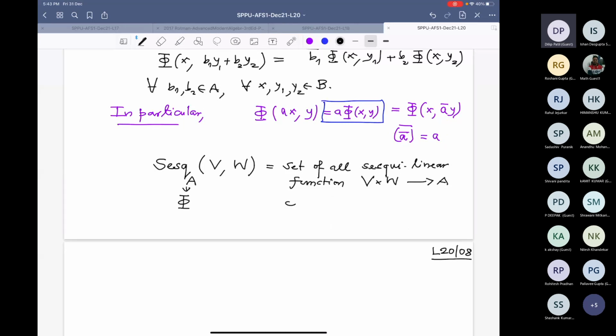When I say values of phi, I mean on the pair x comma y, where x is in V, y is in W.